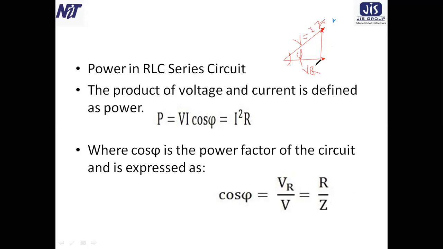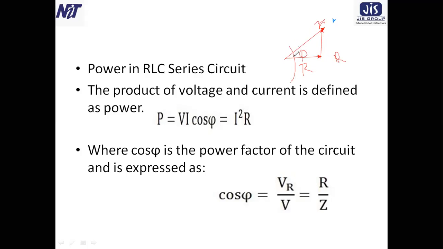Think everything is going fine. And what is VR? I into R along this axis. So if we delete everything, what will happen? This is R, this is Z. So this is phi.